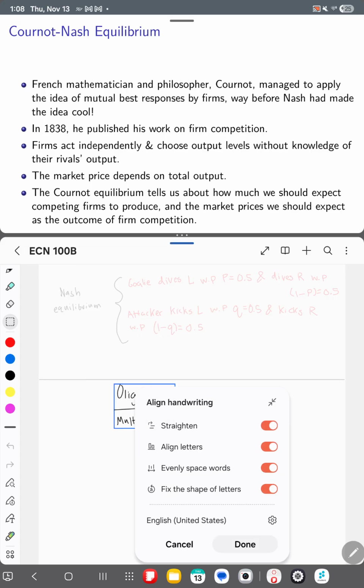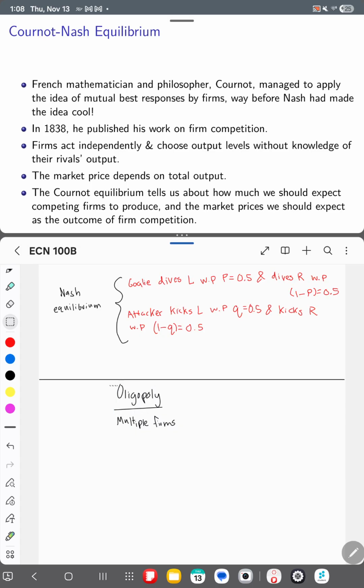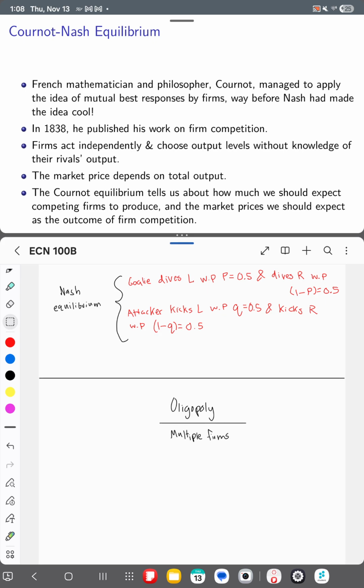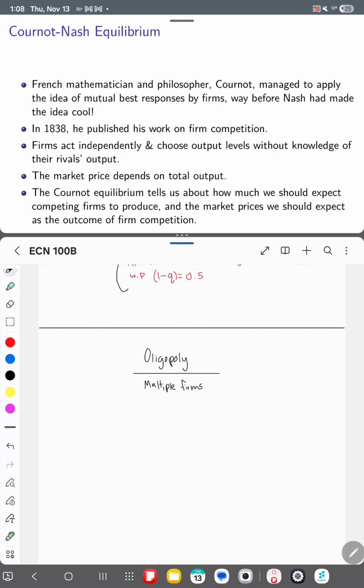It turns out there are two ways in which economists had thought about this problem. There were these two mathematicians in the 19th century, Cournot and Bertrand. They were both French. Cournot came up with a theory in 1838, and then Bertrand came up with another theory in 1883.